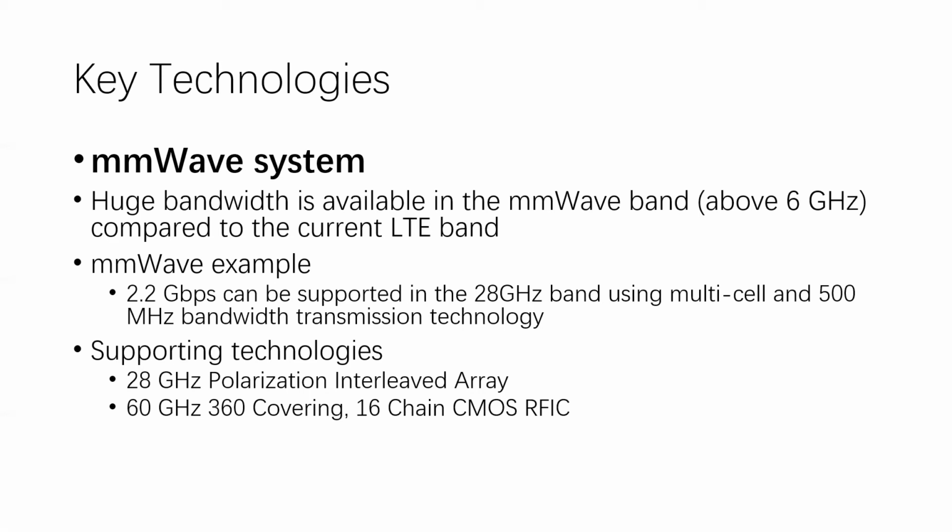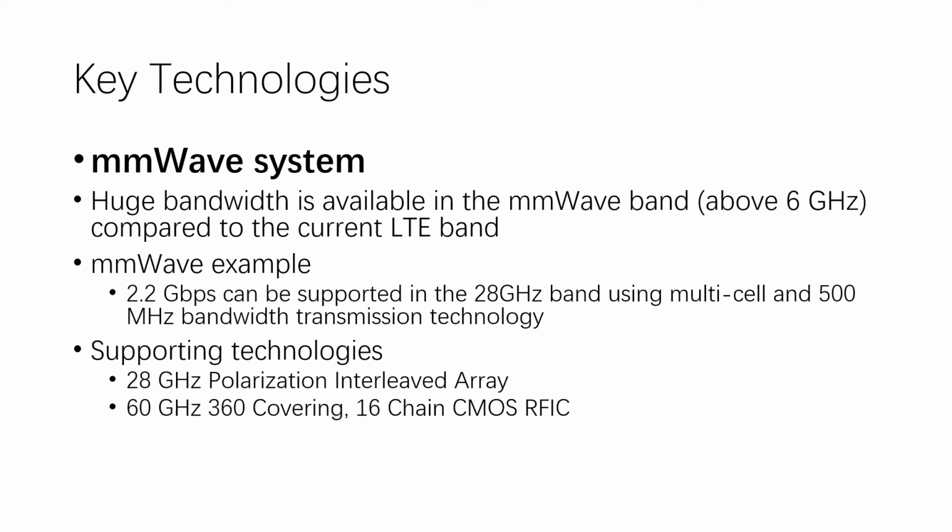For example here, 2.2 gigabits per second of data rate can be supported by the 28 GHz band using multi-cell and 500 MHz bandwidth transmission technology. In order to make this possible, we need supporting technologies such as 28 GHz polarization interleaved array techniques.